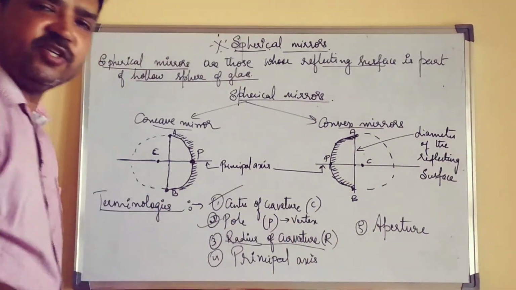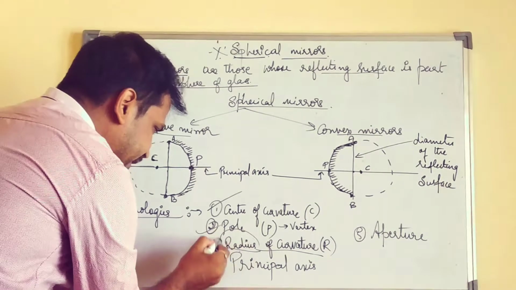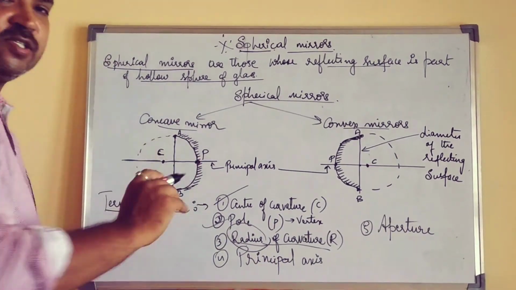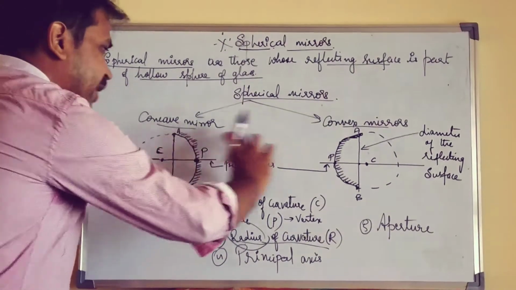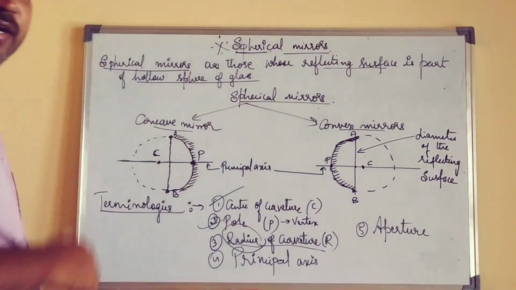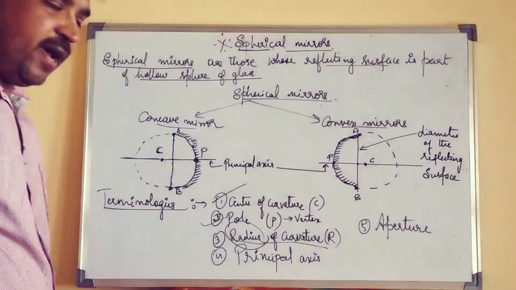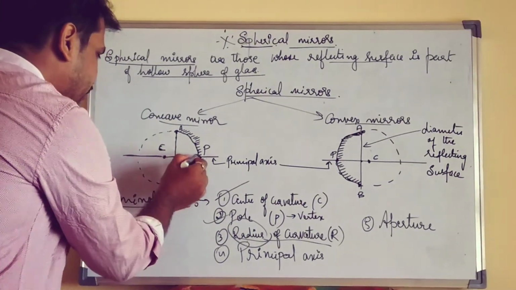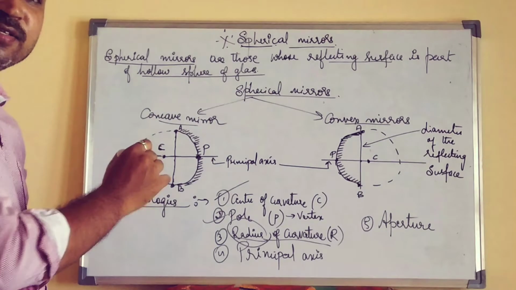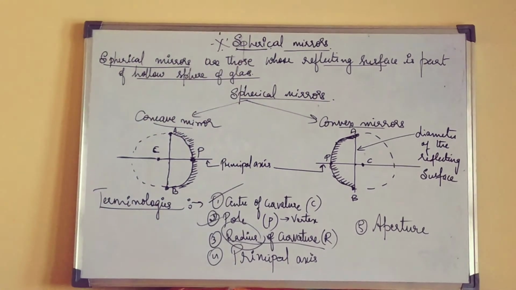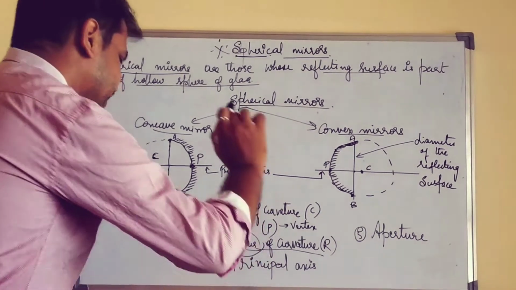Radius of curvature is defined as the radius of the hollow sphere of glass of which this spherical mirror is a part. Simple as that.